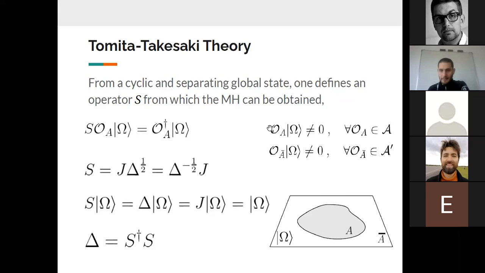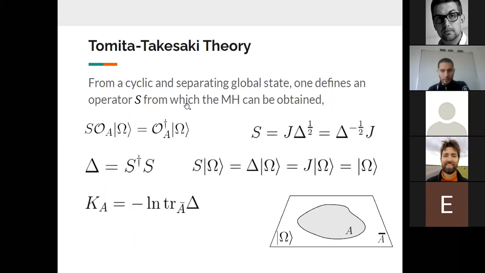Let's say this is the property that proves that the state is cyclic with A. And if you can prove that the state is cyclic with A and cyclic with A bar, you can show that the state is cyclic and separating for region A. One thing I have not mentioned that I want to emphasize is that S has the information of the modular operator, and as before, S is dependent both on the algebra that you chose and on the state omega.